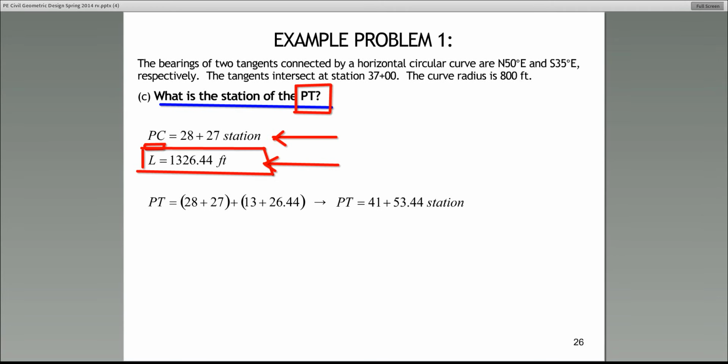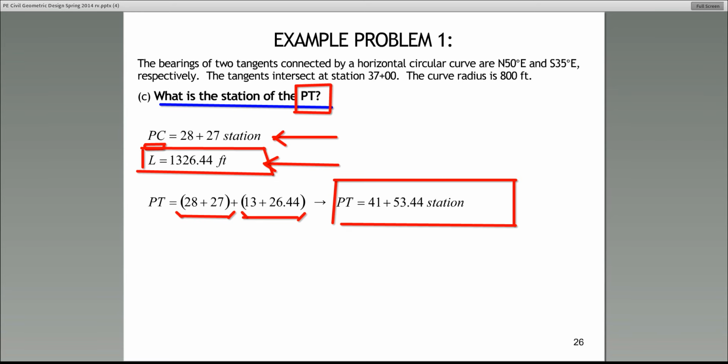Of course, we do that in terms of stations. So the station of the PT becomes 28 plus 27 plus 13 plus 26.44. And here it is. The station of the PT will become 41 plus 53.44.